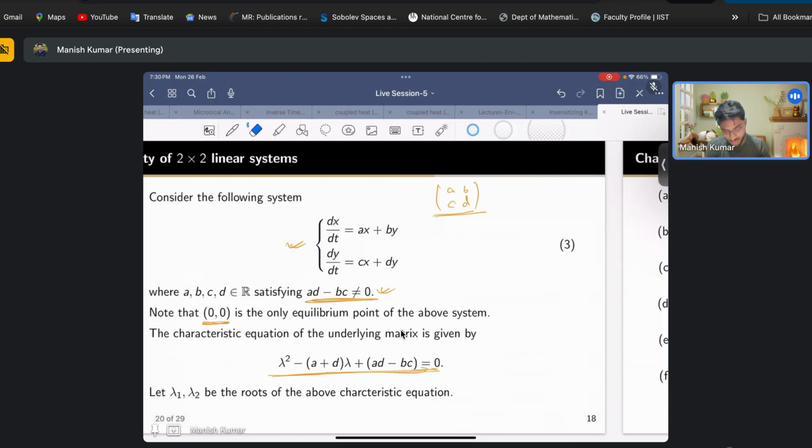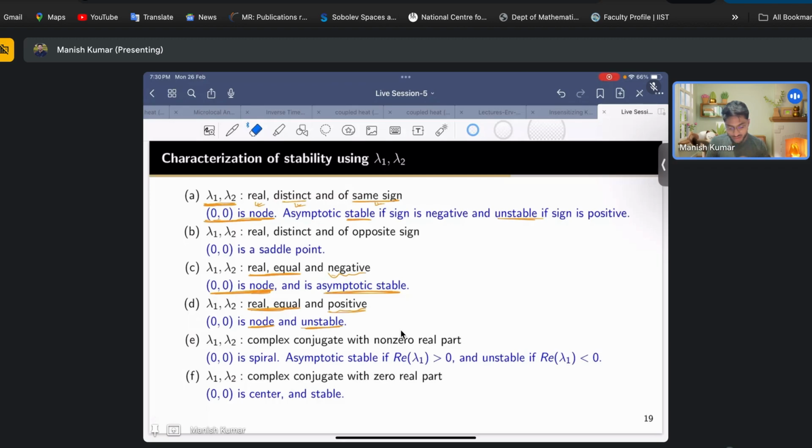So when we have real eigenvalues and they are of the same sign, actually these two points can be merged. So real and same sign.